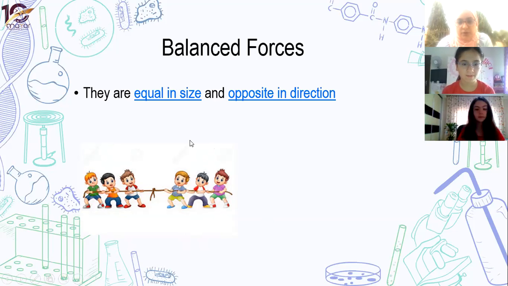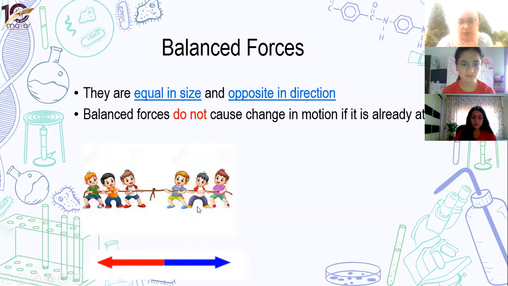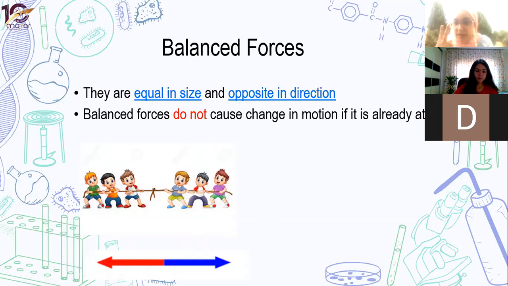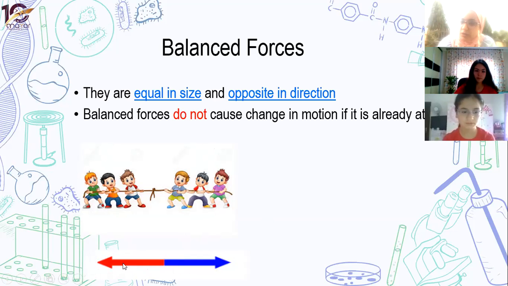Let's see another picture. So how can I represent forces? I either draw an arrow or write an amount, or it can be both. If you can see, the blue arrow is equal in size to the red arrow, but they are in opposite directions.